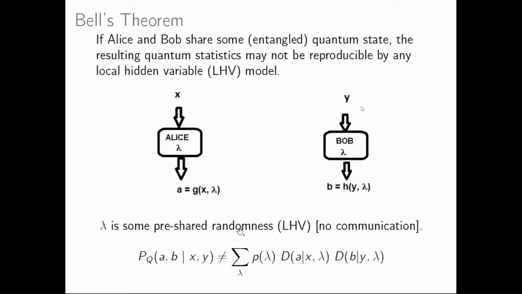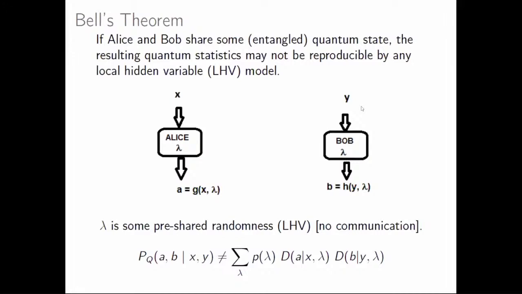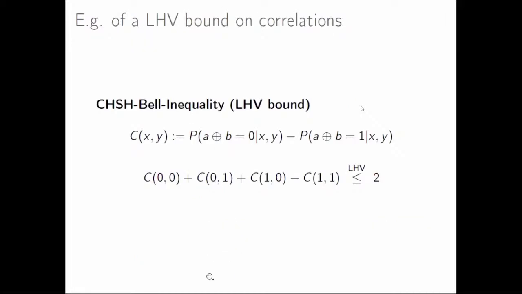Basically, if we take these three assumptions, one can derive that if hidden variables are local hidden variables, then the experimentally observed correlation function must satisfy the Bell CHSH inequality, which is nothing but a bound on a function of correlations. So according to local hidden variables, if some correlation satisfies local hidden variable, this function must be bounded by 2.